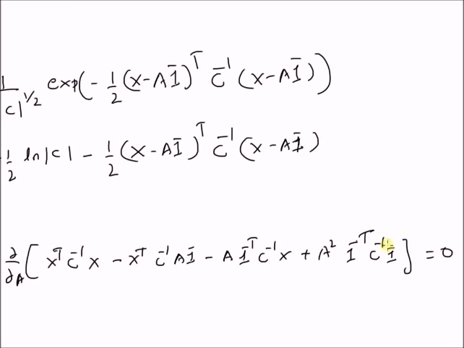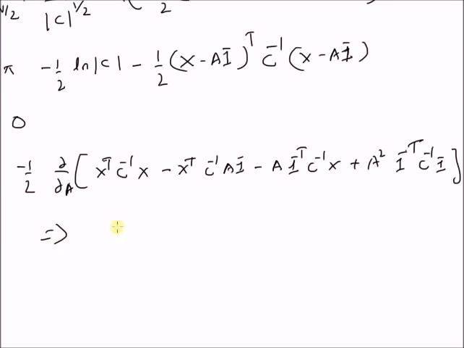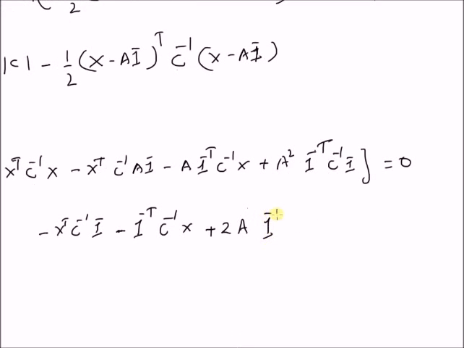is equal to 0. This implies the derivative of the first term is 0, and the derivatives of the second and third terms are minus x transpose C inverse 1 bar, and 1 bar transpose C inverse x. The last one is 2 times A times 1 bar transpose C inverse 1 bar, which is equal to 0.